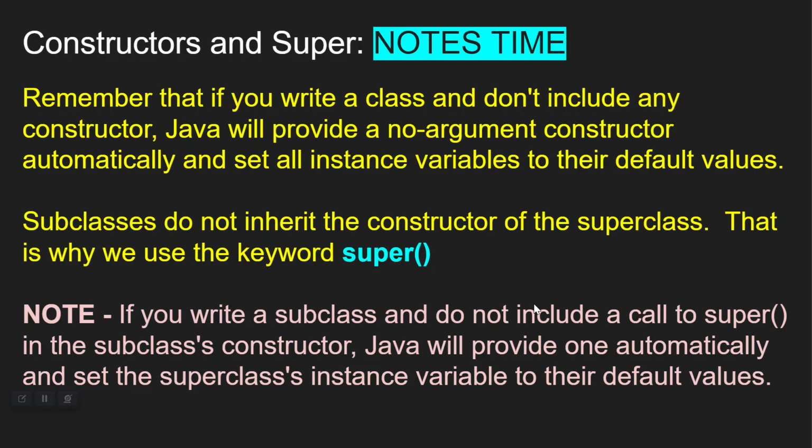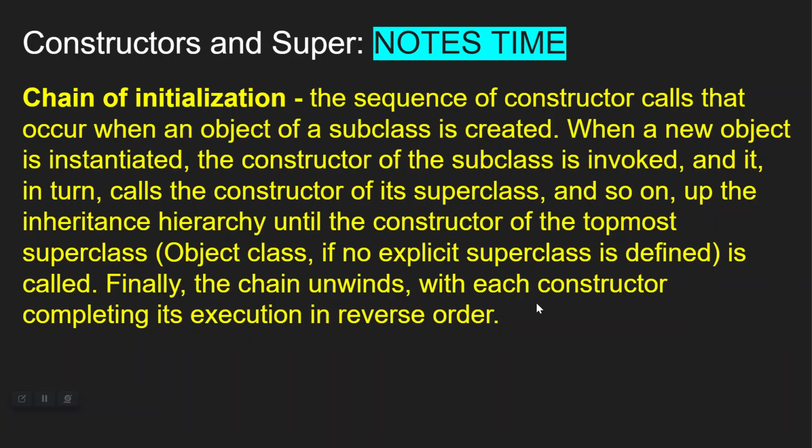Typically, we avoid this by overriding constructors. As long as you define constructors and override constructors in your subclasses, then you're fine. But if you don't include that call to super, Java automatically will provide it and will set the instance variables to their default values.